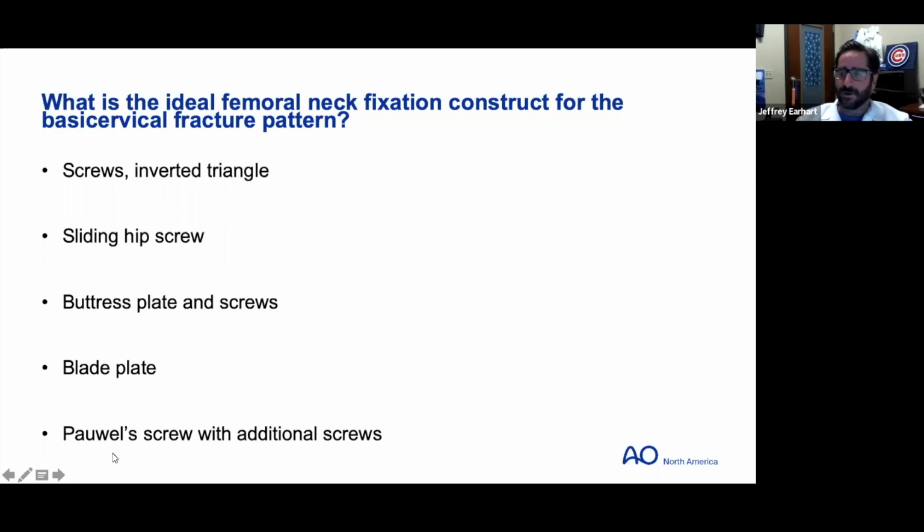I've migrated in my practice away from screws and towards the sliding hip screw for the handful of these that I've done. And I reserve screws at this point really for the non-displaced neck shaft fracture where there's that vertical crack in the bone, and maybe you don't want to go in and open up and do the whole sliding hip screw thing around your nail. I think screws in that situation are great.